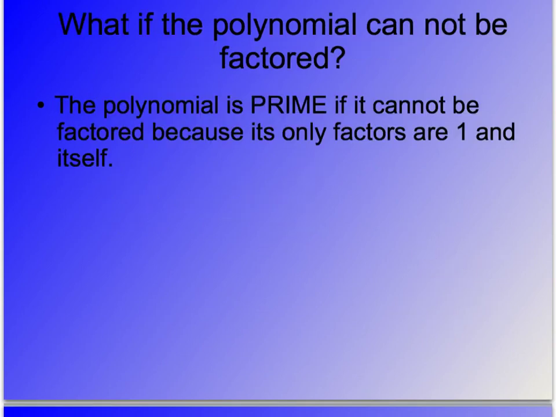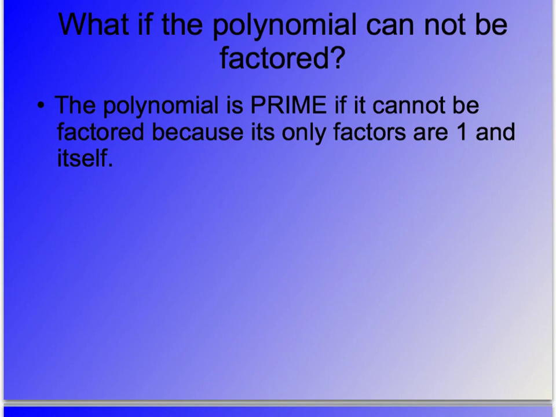Now, sometimes you get polynomials that have no greatest common factor, and you can't make any other method work. The x method won't work. It's not a difference of perfect squares or anything like that. And when it happens, sometimes those don't factor, and we consider those to be prime, because the only factors of them are 1 and the polynomial itself.